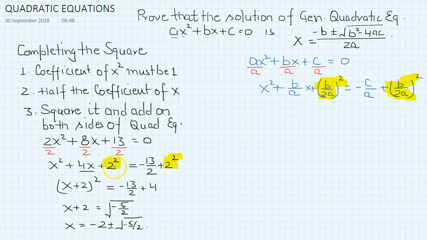x square plus 4x plus 2 square is equal to x plus 2 square. In the same way, x square plus b over a x plus b square over 2a square is equal to x plus b over 2a square, which is equal to, let me simplify this, b square over 4a square minus c over a.